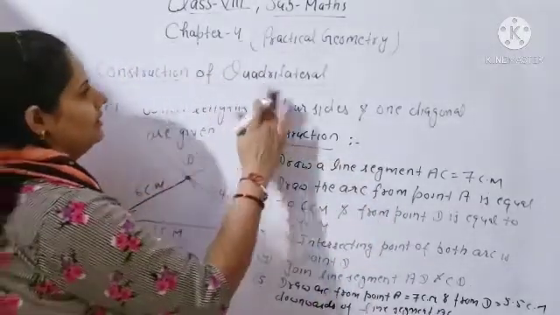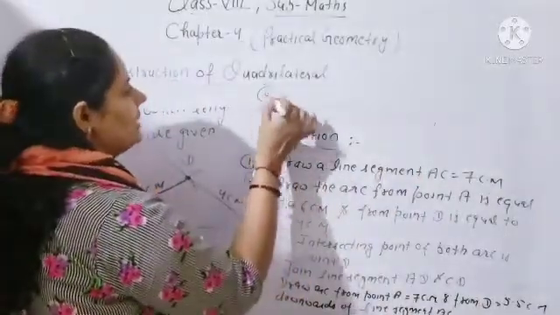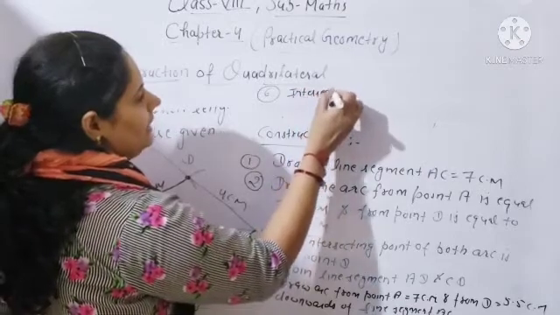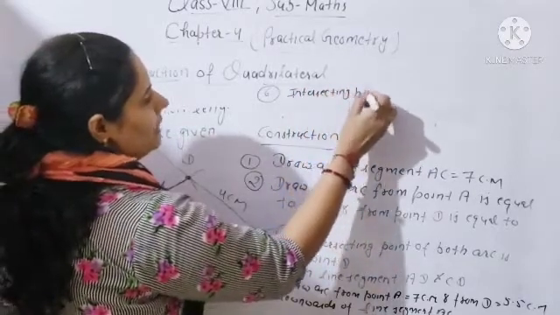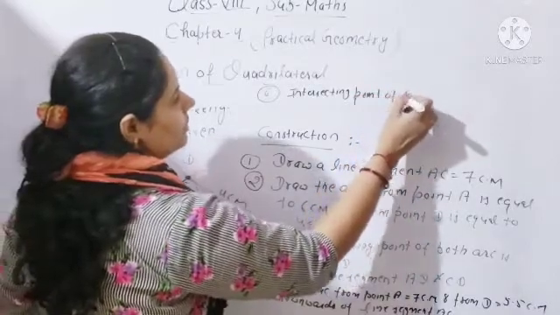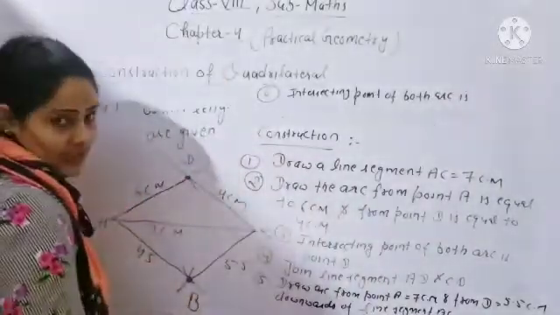After that it is not visible, so beta I am writing here. Next step, sixth step. You will write the intersecting point of both the arcs. What is the intersecting point downwards?